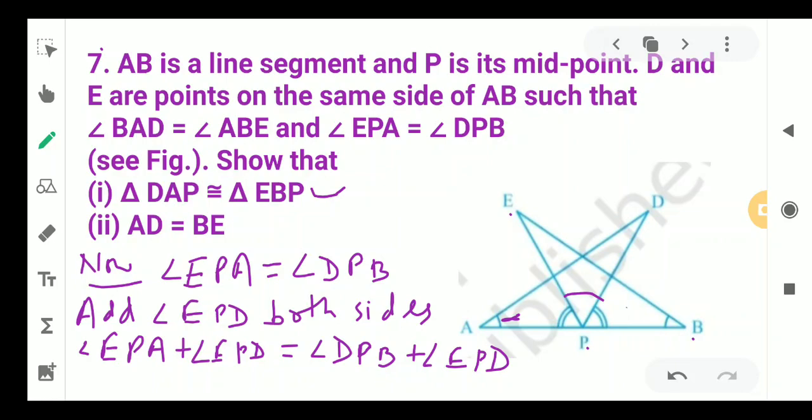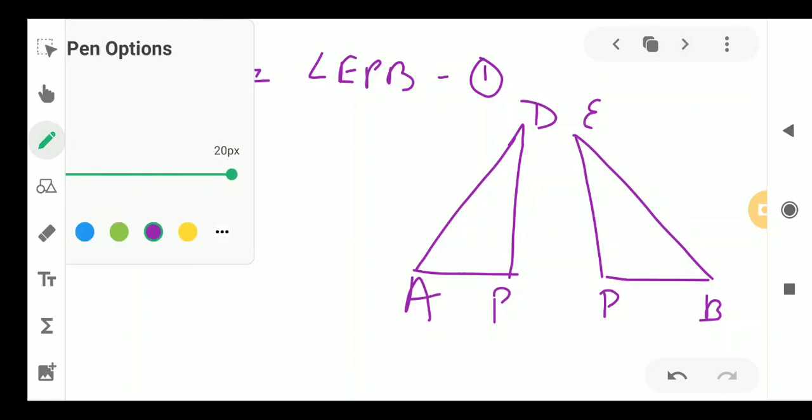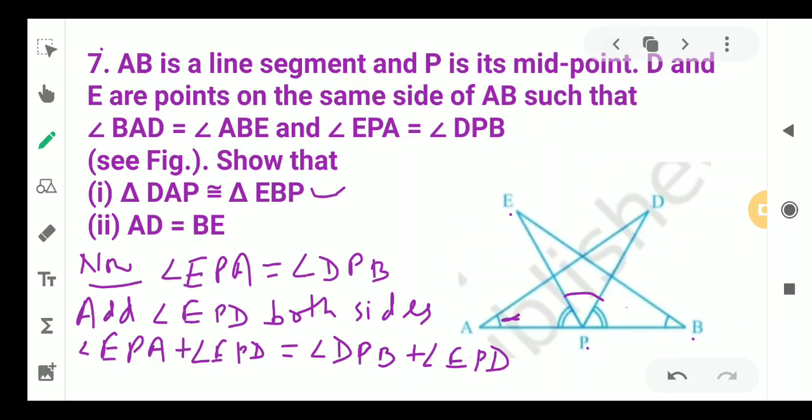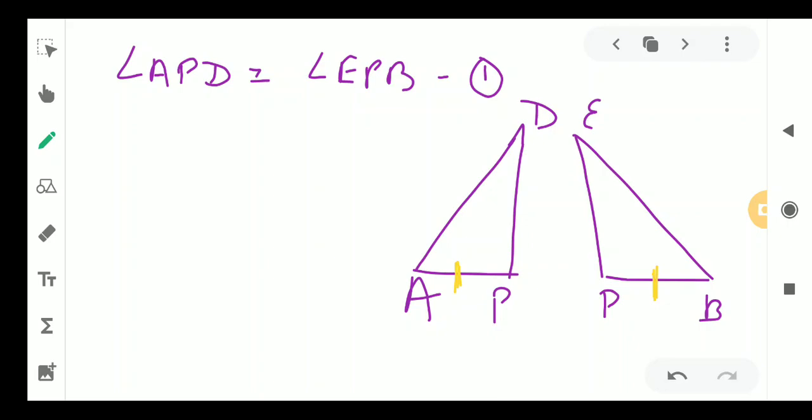Now if you see the two triangles, it was given earlier that side AP and PB are equal. In the main figure it is given AP equals PB. Why? Because P was the midpoint, and a midpoint divides a line segment into two equal parts. Then right now we have shown angle APD and angle EPB are equal by adding a common angle.